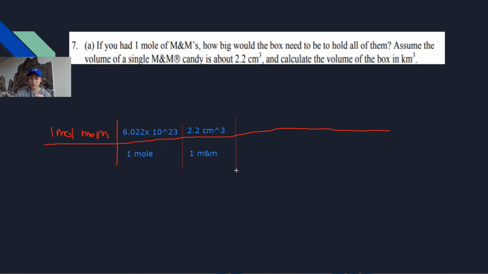So if you'll remember, you need to remember your SI units.